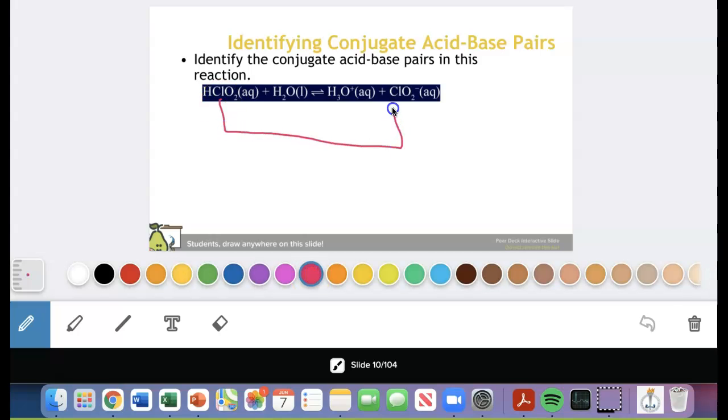HClO2, ClO2 minus. Those guys look pretty similar, except this has a hydrogen in it and this guy doesn't. So what happened? This guy lost a hydrogen ion. It donated a hydrogen ion. Well, based on the Bronsted-Lowry definition, that makes this guy an acid. Things that give away their hydrogen ions are acids.